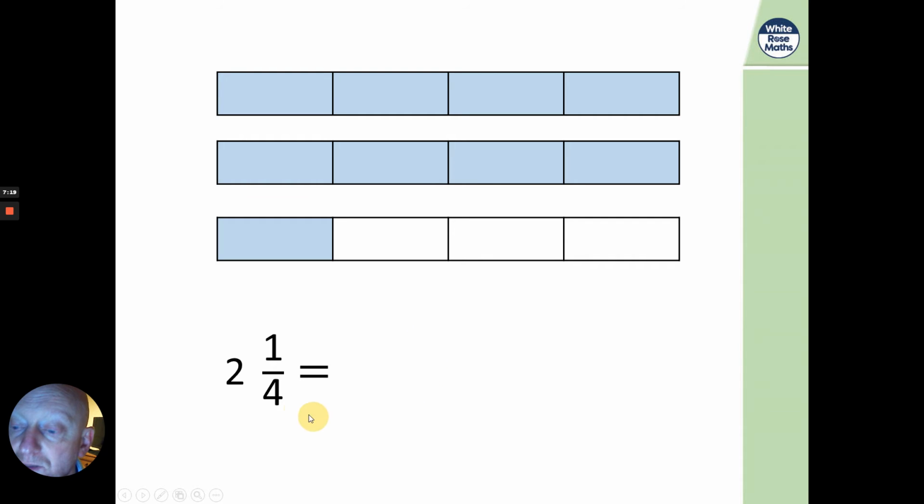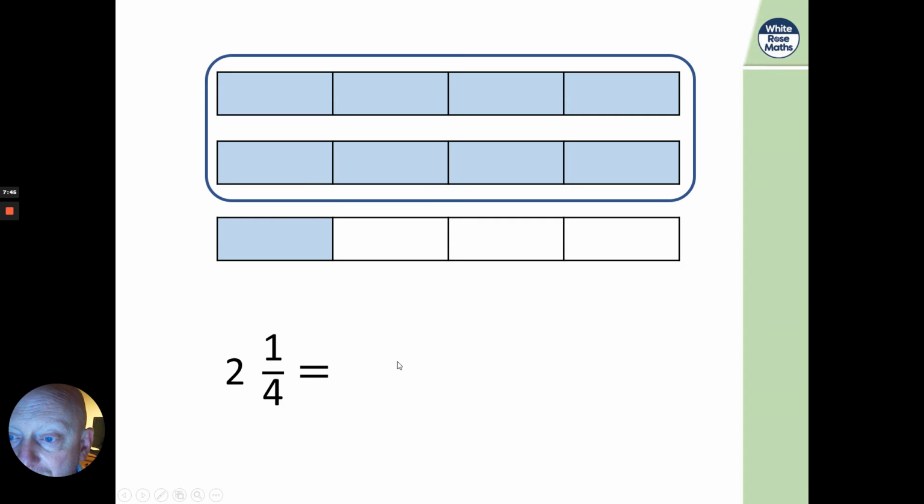We know this is the denominator, so this is going to be the number at the bottom. This isn't going to change, so we know that's going to be 4. Then we can count how many parts are shaded. So it's 1, 2, 3, 4, 5, 6, 7, 8, 9. So there are 9 quarters that are shaded.